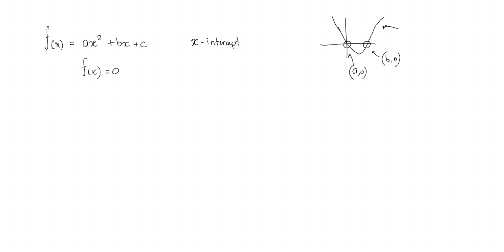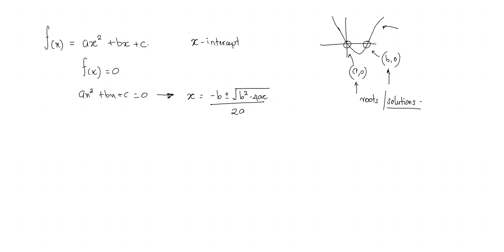So we get ax squared plus bx plus c equal to 0. Following this, if we use our quadratic formula to find x, which is minus b plus or minus the square root of b squared minus 4ac over 2a, we get two answers for x, and those are the values of a and b. We call these the roots or solutions of the quadratic expression.